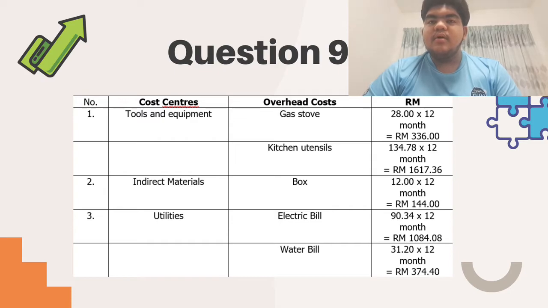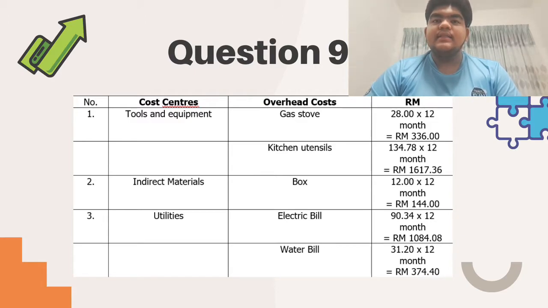Also, we have overhead cost of kitchen utensil with the price of RM134.78 multiplied by 12 months, which is RM1617.36.